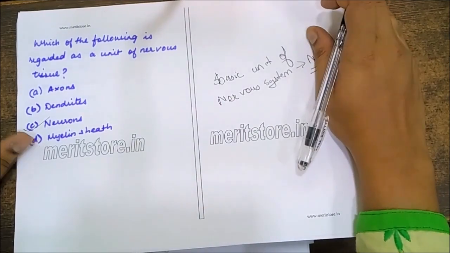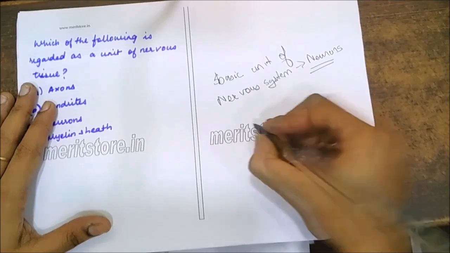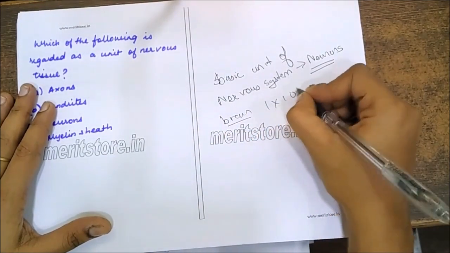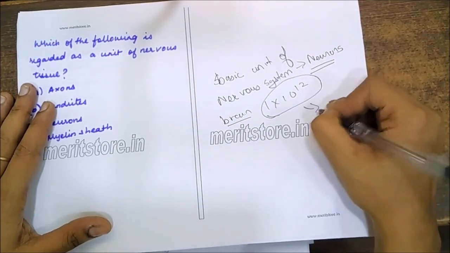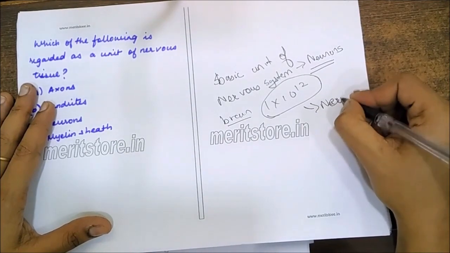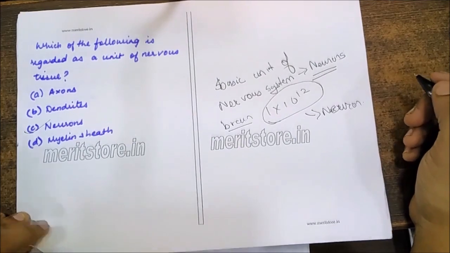Right. See, in brain alone, we have near about 1 into 10 raised to 12 neurons. So their structure is abundant.